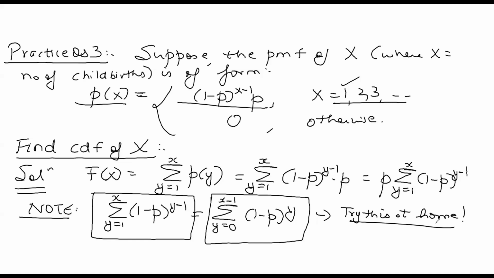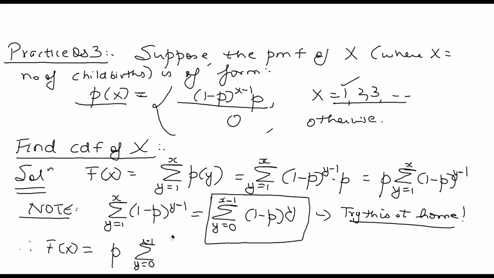So therefore, I can write F of x is p times, instead of going from 1 to x, I can go from 0 to x minus 1, (1 minus p) to the power y.